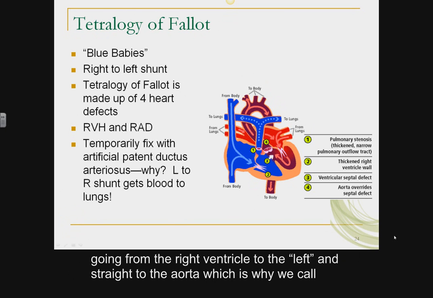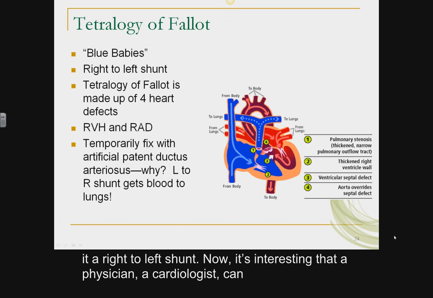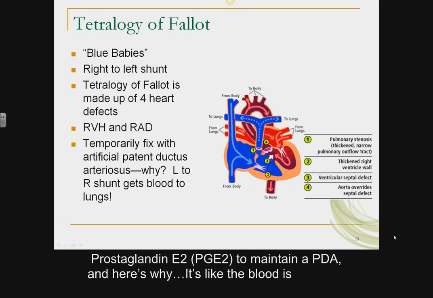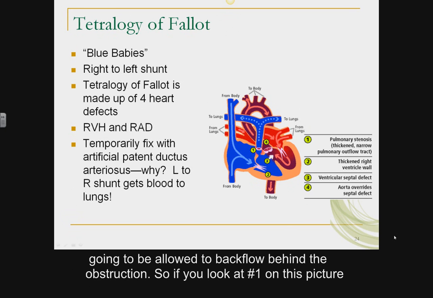Now, it's interesting that a physician, a cardiologist, can go in and either insert an artificial patent ductus arteriosus or give the baby prostaglandin E2 to maintain a patent ductus arteriosus, and here's why. It's like the blood is going to be allowed to backflow behind the obstruction.